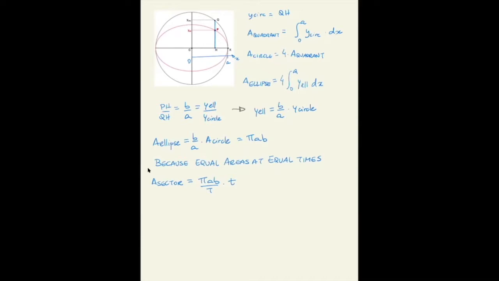Pi ab times little t gives you a constant times the time, which is the mean anomaly. We can in fact multiply this by 2 and divide by ab to already write it as the mean anomaly. What you have is 2 over ab times the area of the sector is equal to 2 pi over the period times little t, which is omega t, which is the mean anomaly. Now the question is, what is the area of the sector?